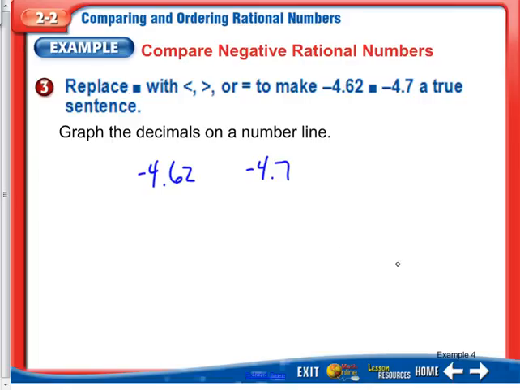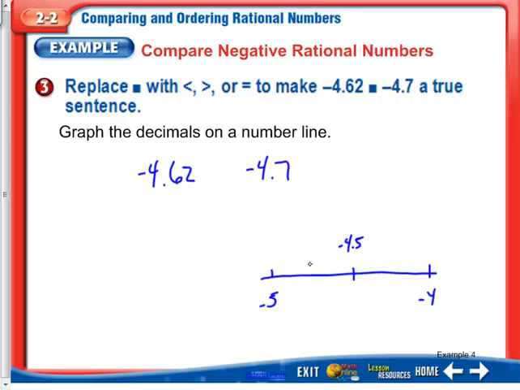All right, if we were to have a number line here, we don't need a big giant number line. We just need from -4 all the way to maybe -5, and then you're going to need your halfway be -4.5.